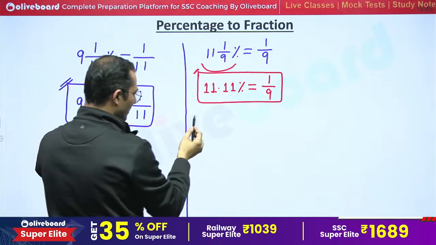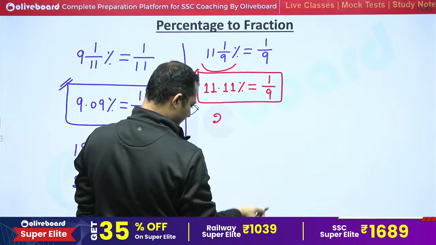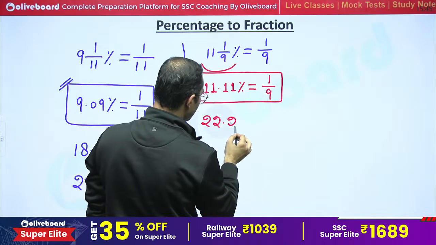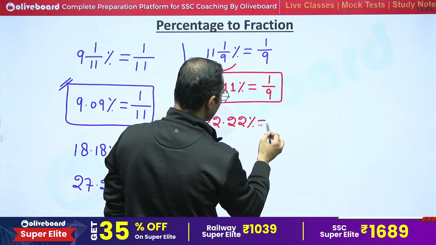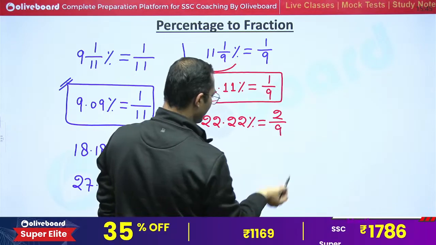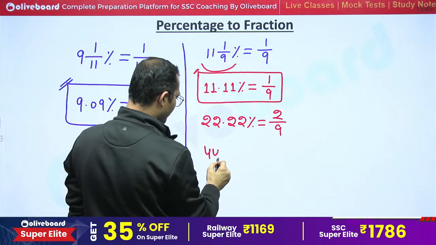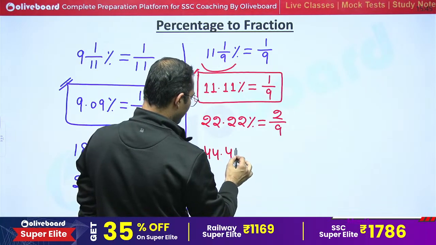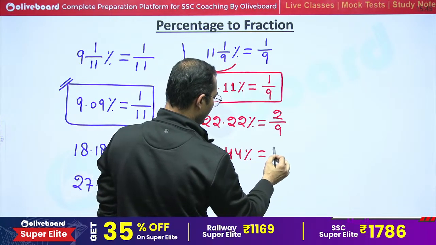See, if you got the number 22.22%, this is equal to what? 2 by 9, right? If you got the number 44.44%, this is equal to what? 4 upon 9.